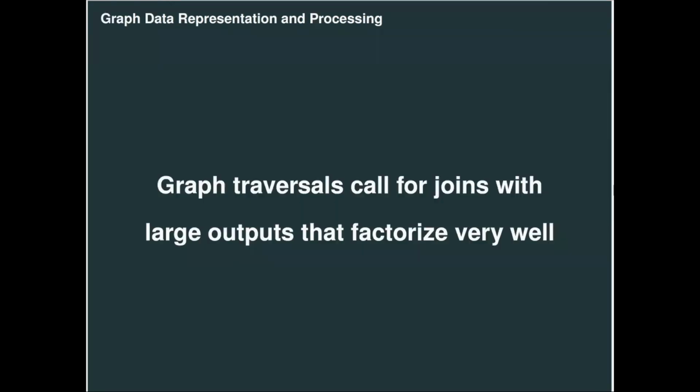One area where factorizations are used is graph data systems. The underlying observation there is that graph traversals call for joins with large outputs that factorize very well, unsurprisingly. Indeed, factorizations are particularly beneficial for many-to-many joins, such as joins used on the edge relations to express hops in a graph. I would mention 4 distinct and very recent works that use this idea.